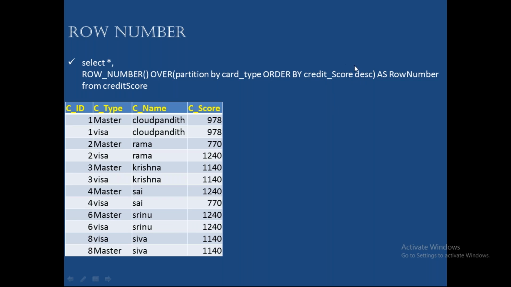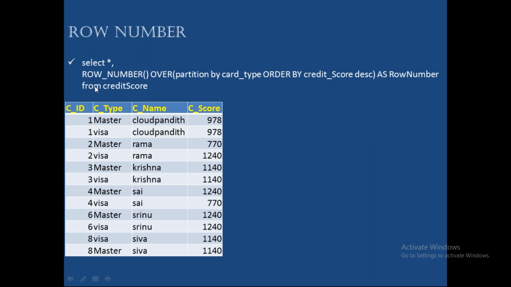Based on credit score descending, meaning the highest credit score should be at the top. When grouping the visa cards, whoever has the highest credit score, that person's record should be at the top. Next the second highest score person, then the third highest score person. Something like that I should have.